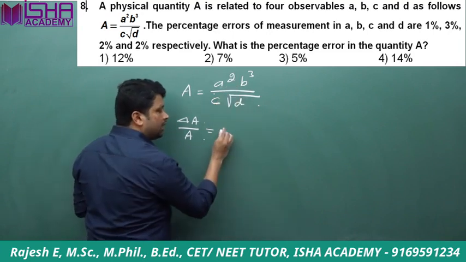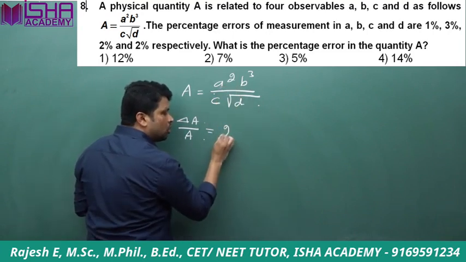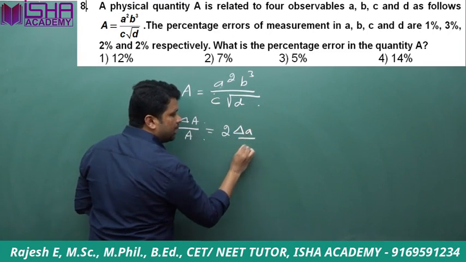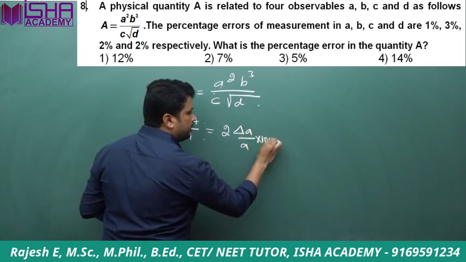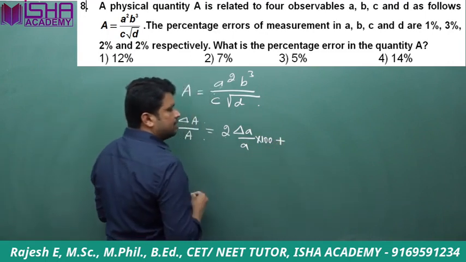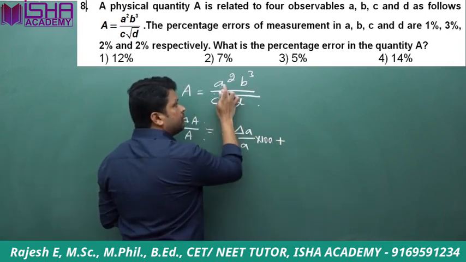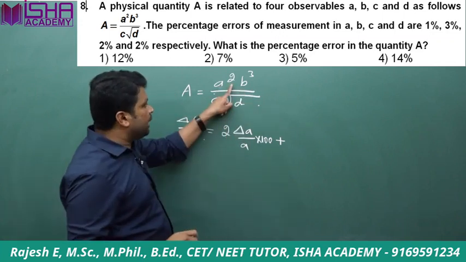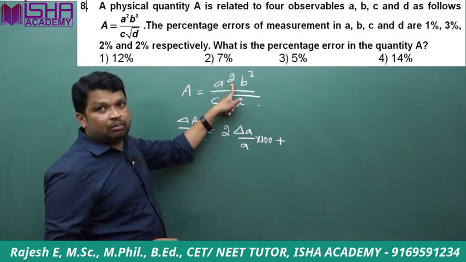See, this is A square. This can be written as 2 into delta A by A, simple, into 100, right? Plus, see here, this is B cube. Here we have A square into B cube. Remember, it may be into or plus or divided by.